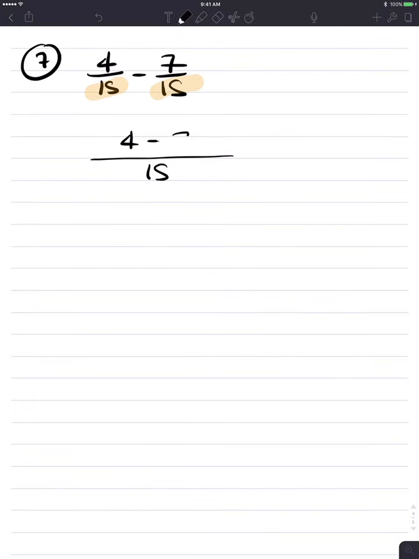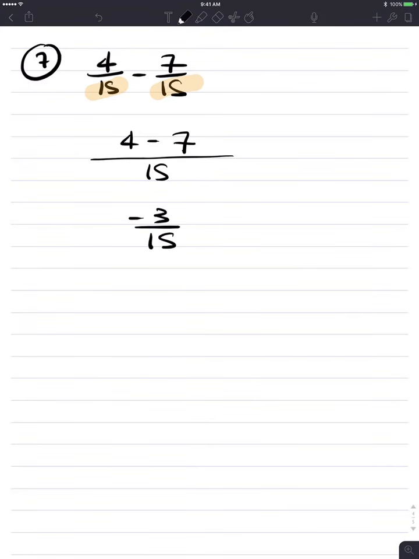Number 7. We have 4/15 minus 7/15. These fractions are like. So I'm going to keep my denominator of 15. I'm going to subtract my numerators. 4 minus 7 is negative 3.